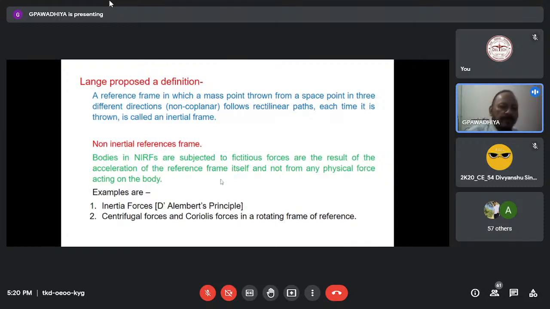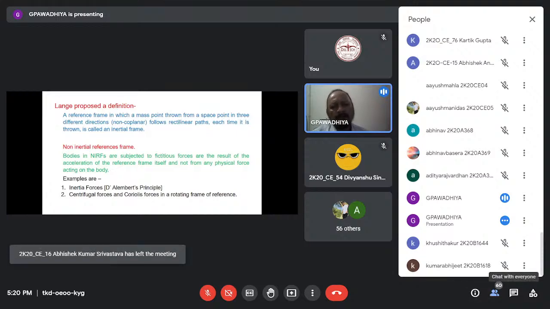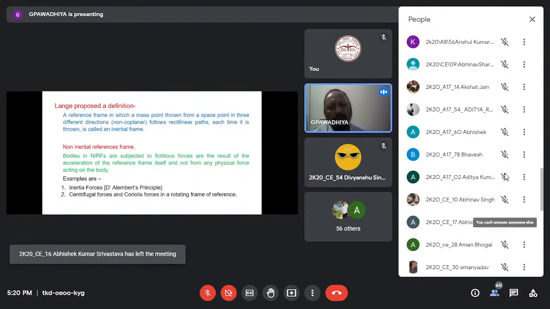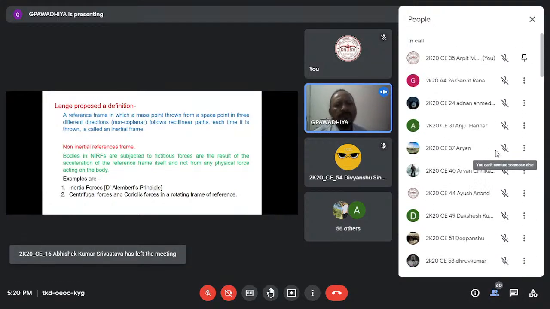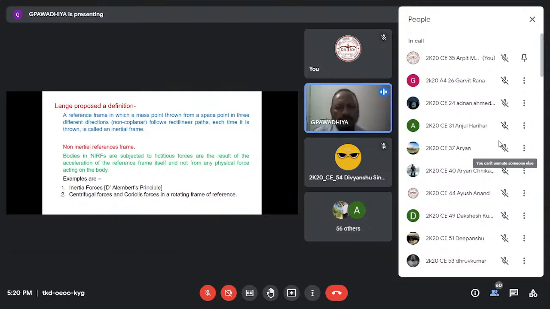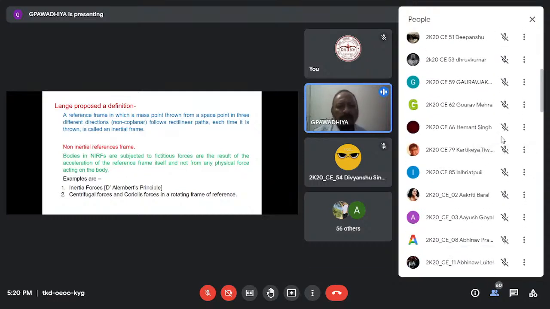Non-inertial reference frame: the bodies in non-inertial reference frames are subjected to fictitious forces that are the result of the acceleration of the reference frame itself. Now, if the reference frame is in accelerated motion, then it applies some fictitious force on the body, and not from any physical force acting on the body. So no physical force is acting here.